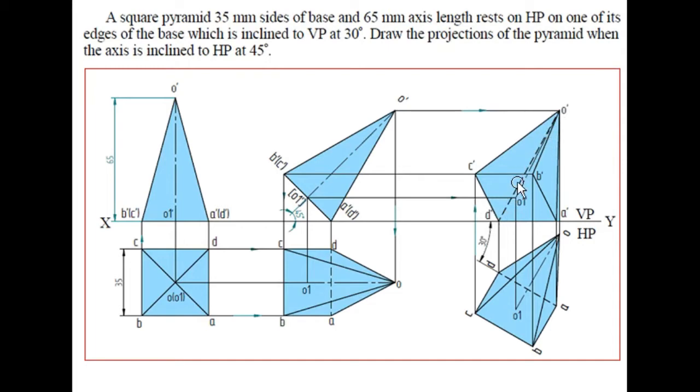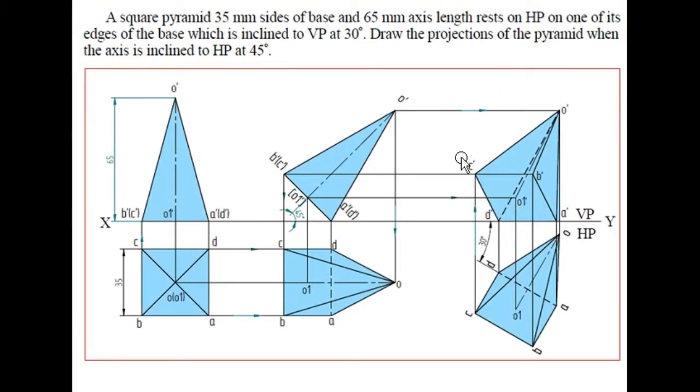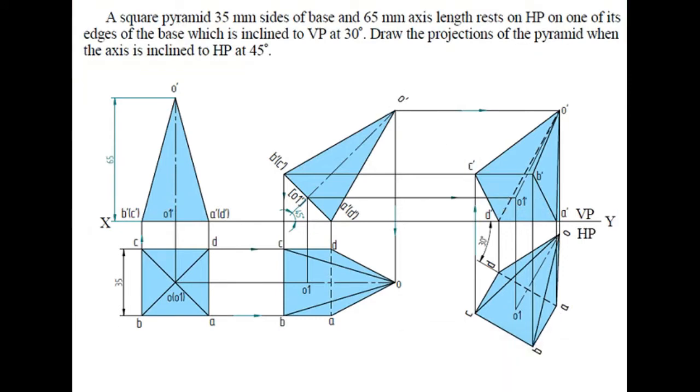Except this line, the remaining lines connected from O will be shown with dark line. Right, so that is how it has to be represented, and from O to O1 dash the axis line has to be represented. So this is how we have to solve the problems on square pyramid. Based upon the conditions they have asked, we have to identify it, and with respect to that we have to solve the problem.